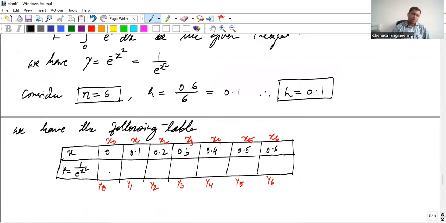What will be the value of y if we put x is equal to 0? 1. What will be for this term? 0.9900. Then 0.9608... 0.8187. What about this? 0.6703.